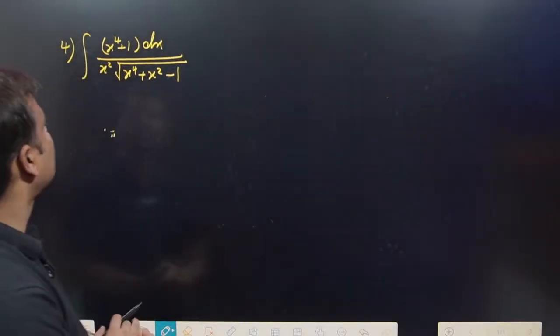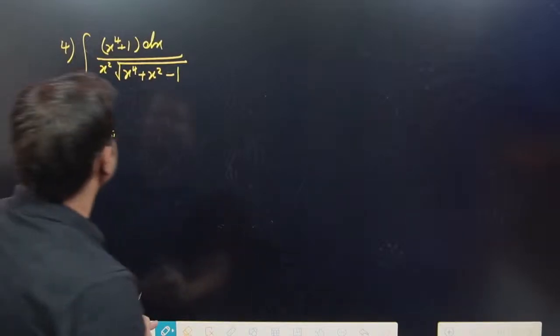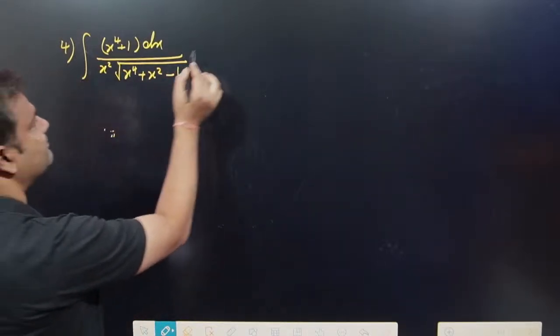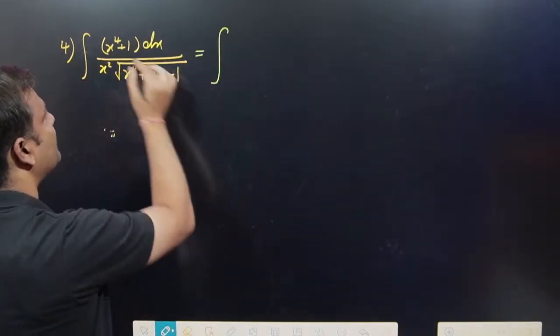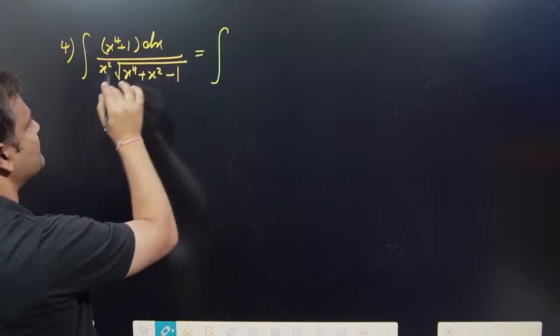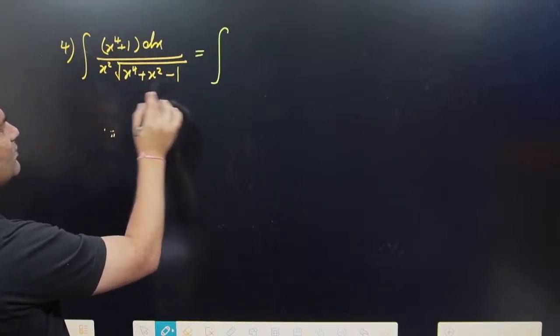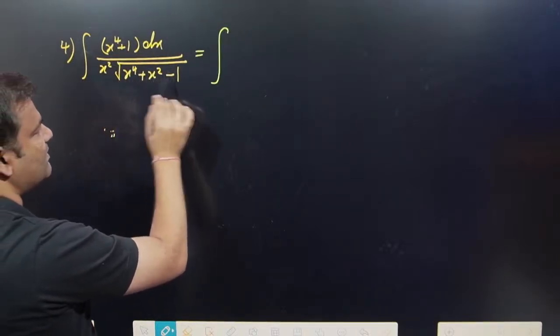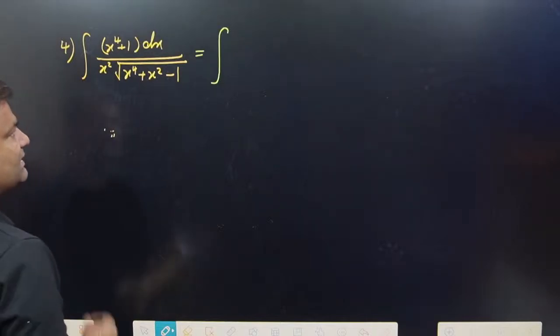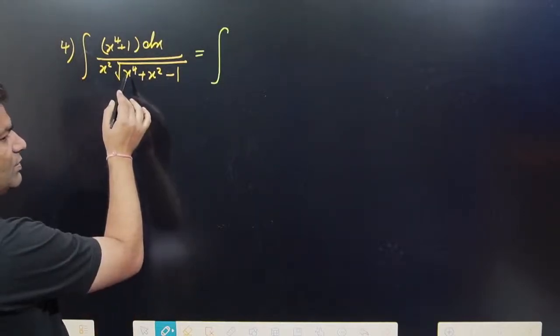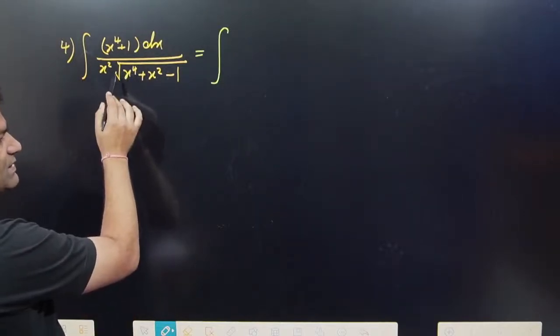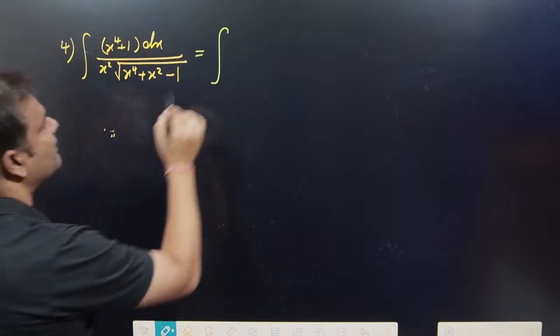Look here. Why is this question very conceptual? Here, this one is written x to power 4 plus 1 dx divided by x square, and here under root x to power 4 plus x square minus 1. The highest power under root is x to power 4. So if this one is common, then x square basically.